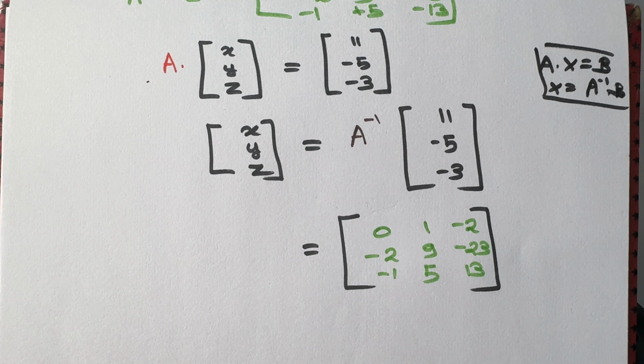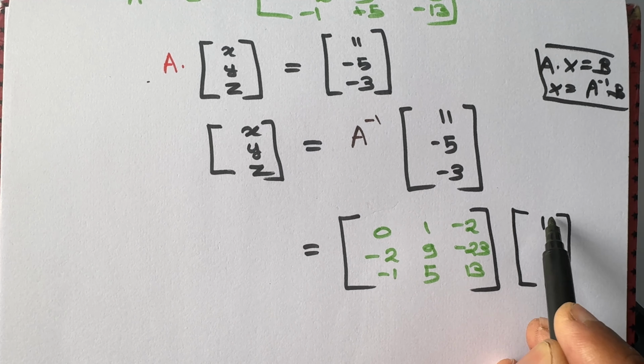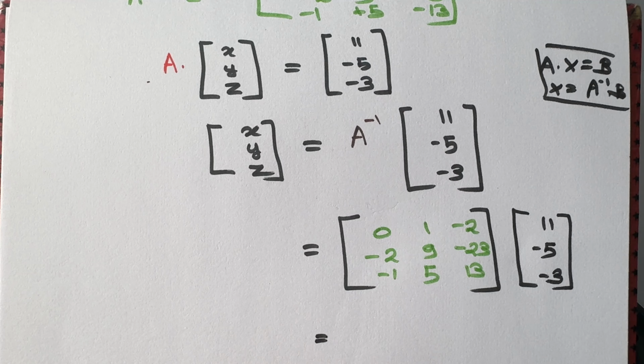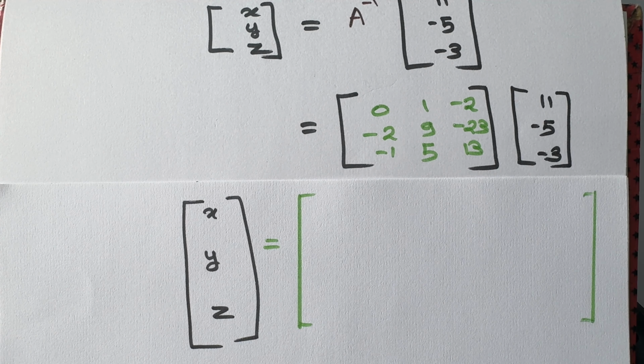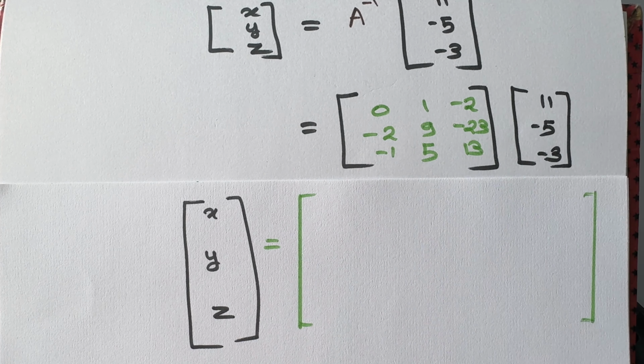Multiply that with the column matrix 11, minus 5, minus 3. Now, if we want to find x, y, z, we simply need to multiply this matrix with this.